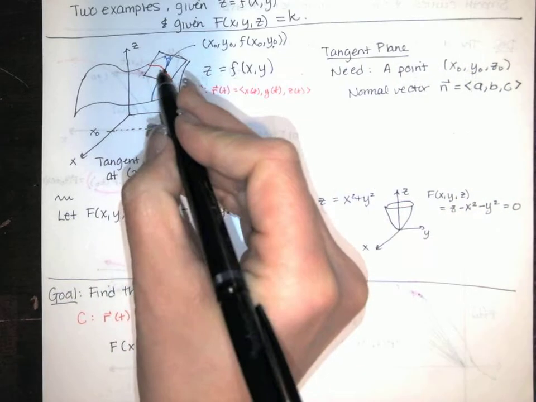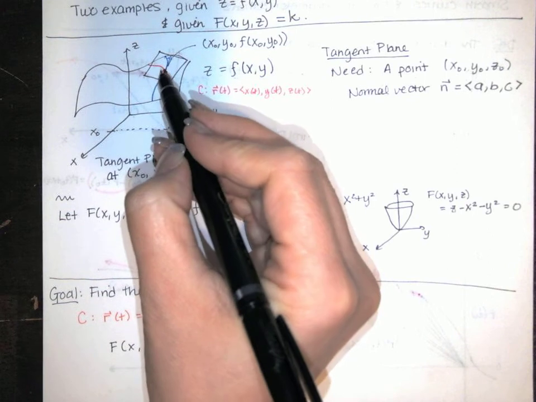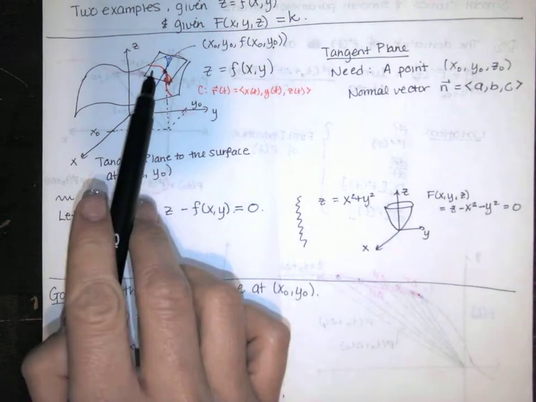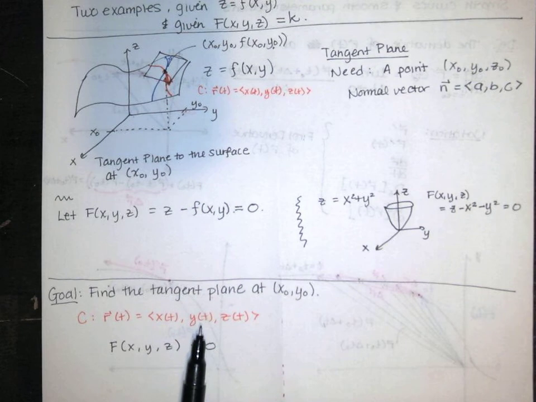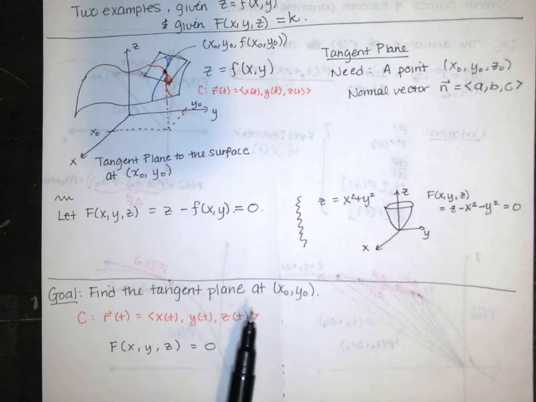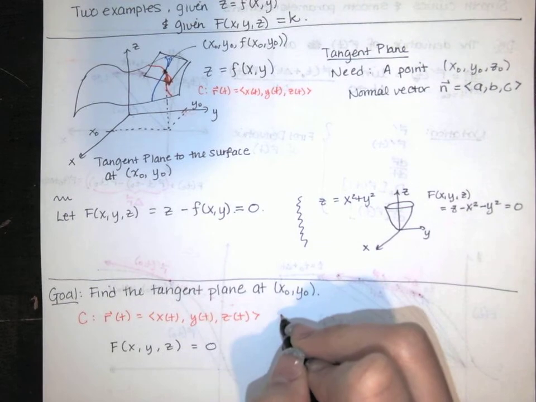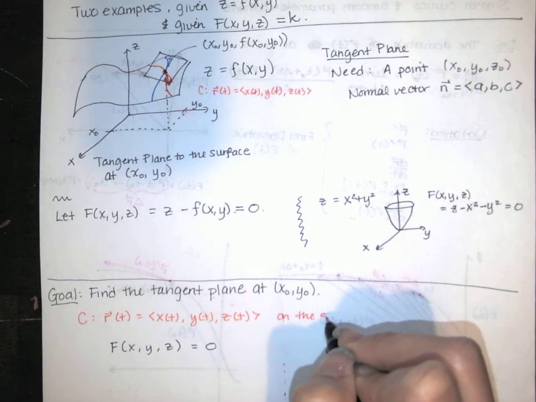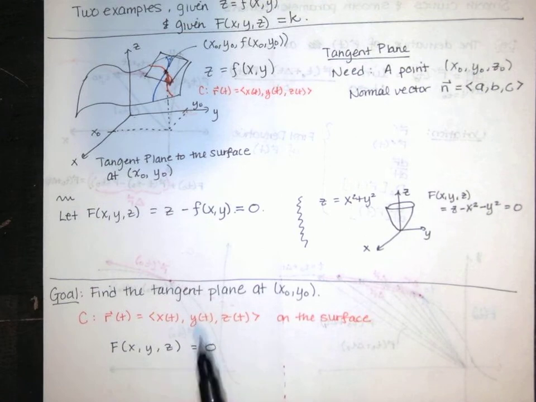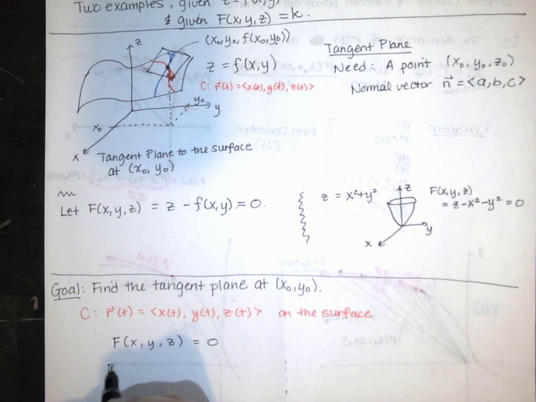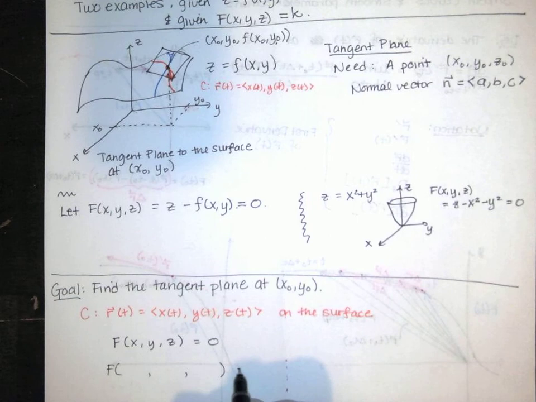Now if we're on this curve on the surface, well then x on that curve is given by x of t, and y on that curve is given by y of t, and z on that curve is given by z of t. So this is a curve on the surface. If we're on the surface, x of t, y of t, and z of t satisfy this equation. So I can take the composition of the two functions, and I get this.